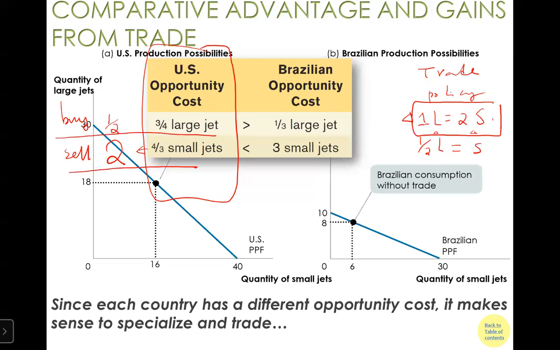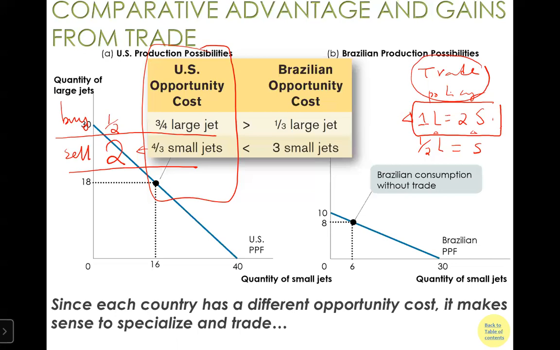And this price is coming from the policy or the deal I just proposed. I'm trying to explain to you how this trade policy will make both the US and Brazil happy.